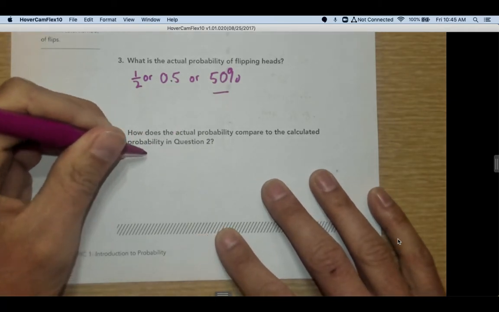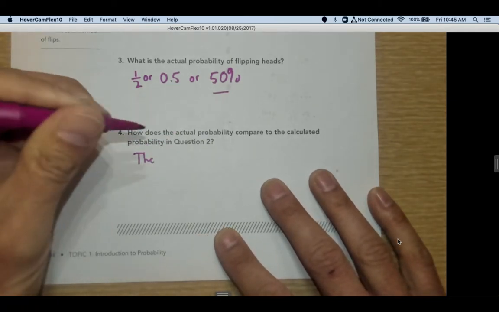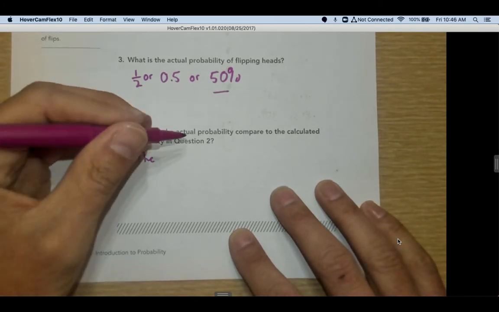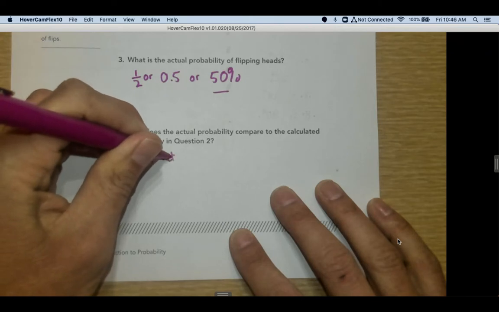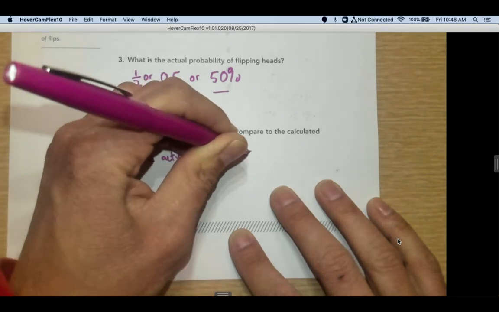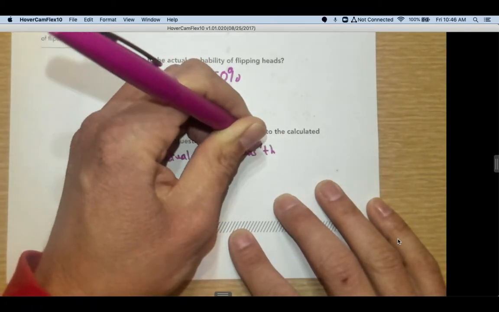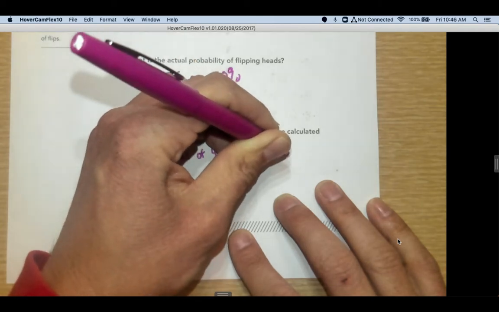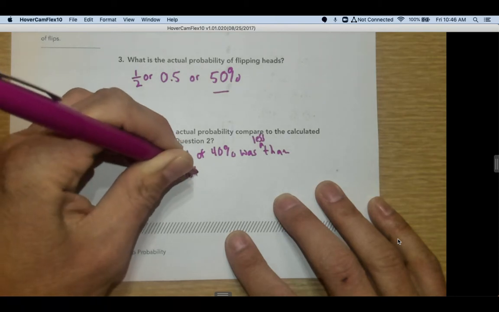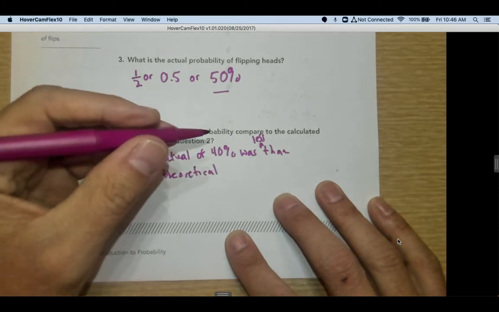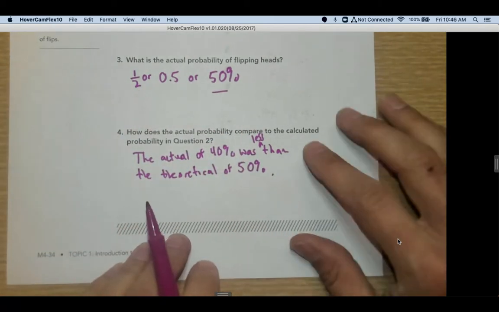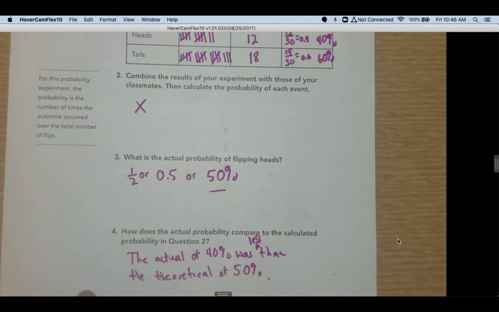So the experimental probability of 40% was less than the theoretical probability of 50%.